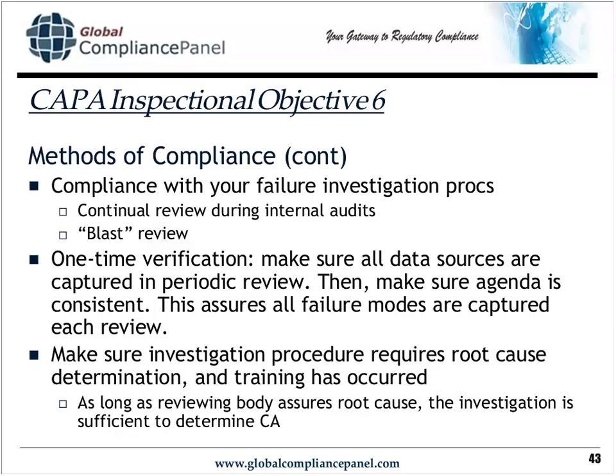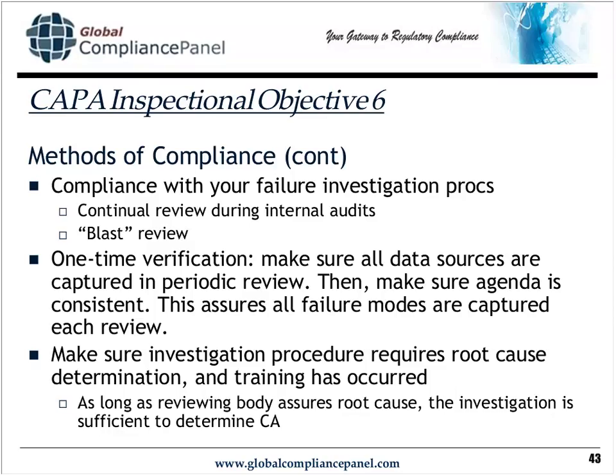A good idea is to do a one-time verification. When you have a periodic review, make sure all of your data sources are captured at your first quality review board, or just your next one if you've never done something like this before. As long as all of your data sources are captured and your agenda stays the same, you're going to make sure that all of your data sources, and hence all of your failure modes, are captured in each of your reviews.